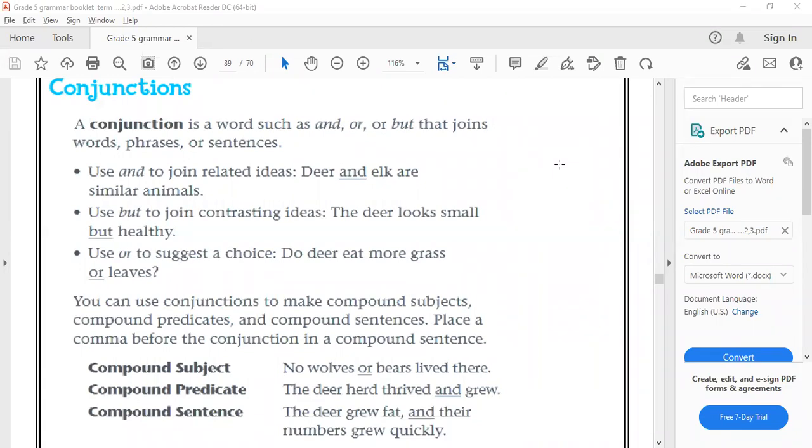A compound subject is two subjects joined by a conjunction.